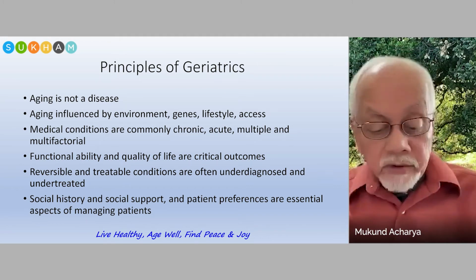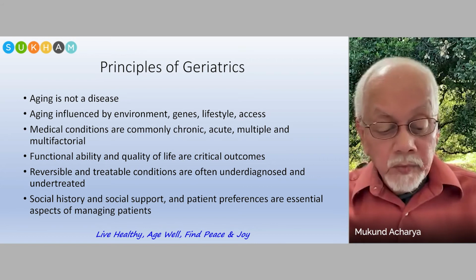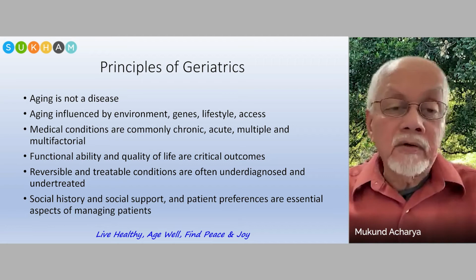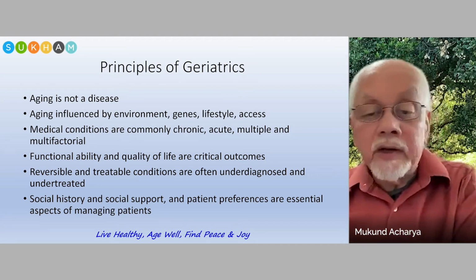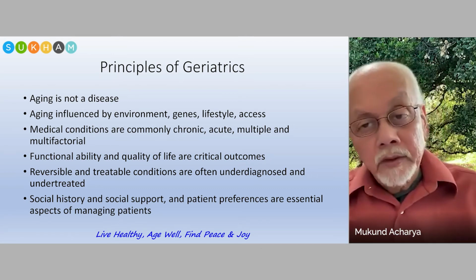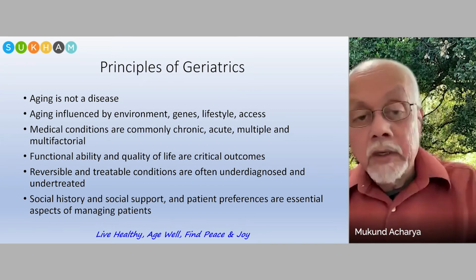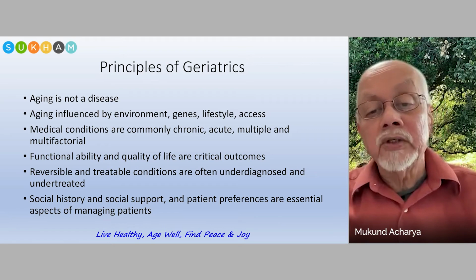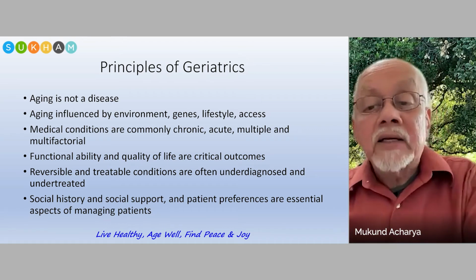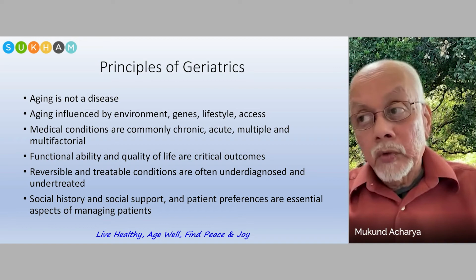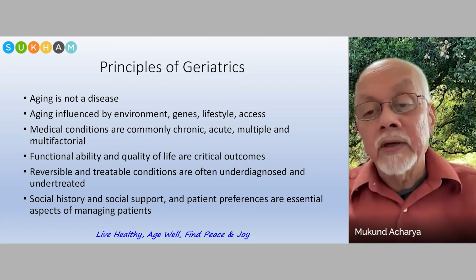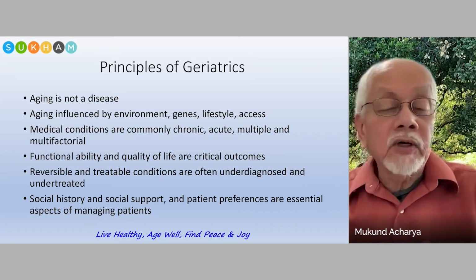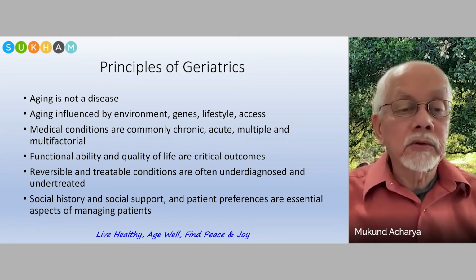Aging increases susceptibility to many diseases, but at any given age, pick a number, 75 years old, you find people who are very ill and people who are very well. So aging is influenced by a variety of different things: environment, genes, lifestyle, access to what's needed for healthy living, access to what's needed for socialization, access to what is needed for companionship, and so on and so forth.